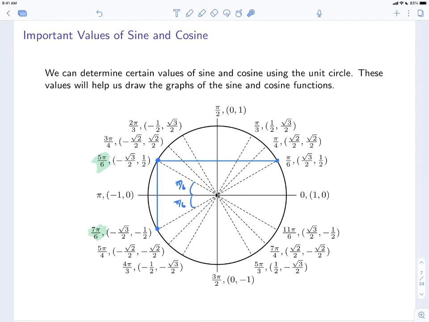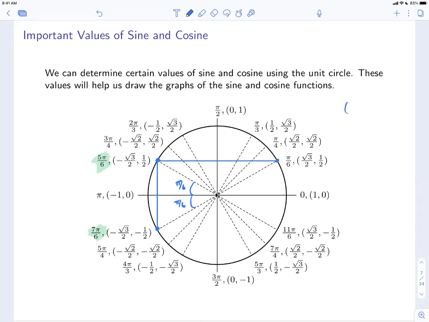So we're just using the properties of the circle and the fact that it's symmetric about the x-axis and the y-axis. So in fact, if you find the reference angle, then the values for sine of theta and cosine of theta are going to be the same as the values for sine and cosine of the original reference angle. But you just have to determine if it's a plus or a minus, and that's determined completely by which quadrant you're in.